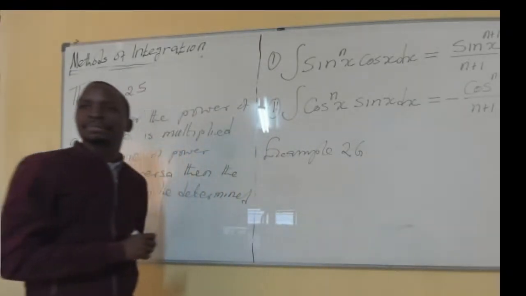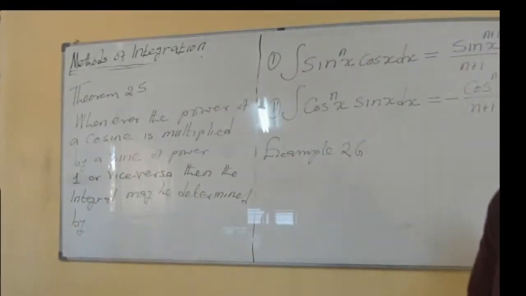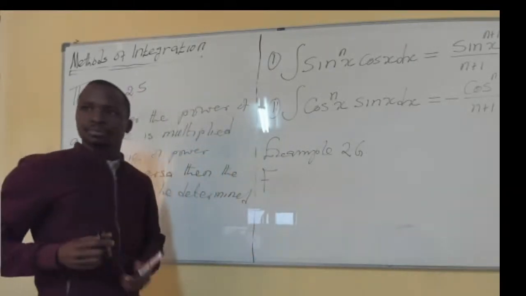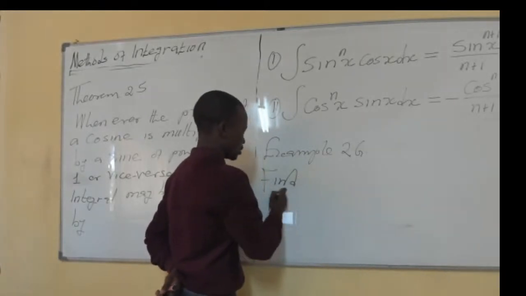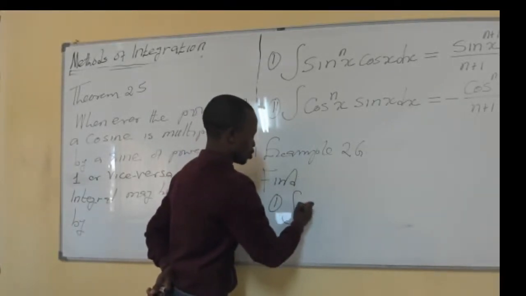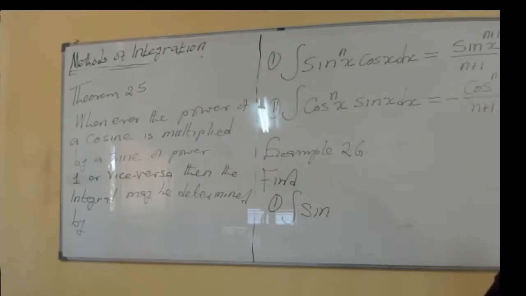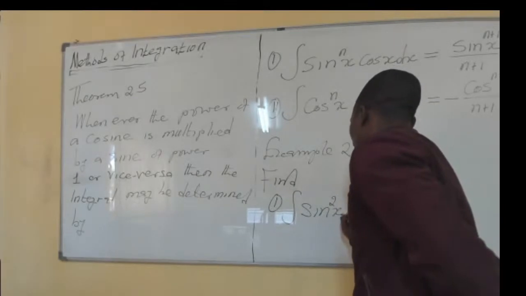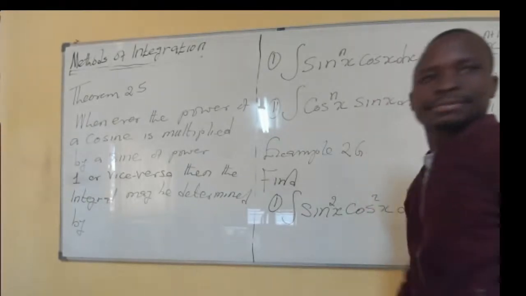We are saying find: one, the integral of sine squared of x times the cosine squared of x dx.